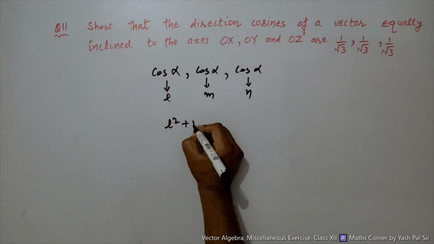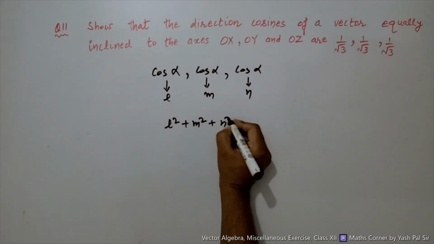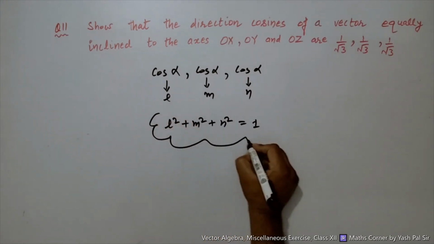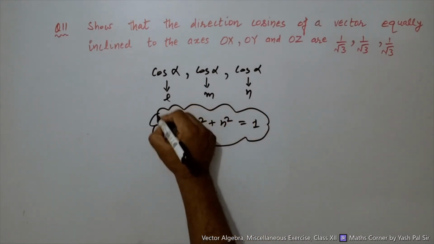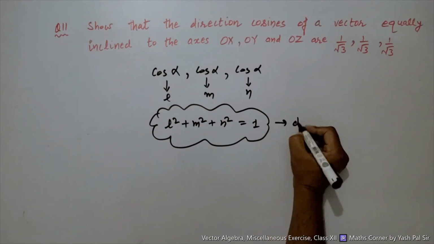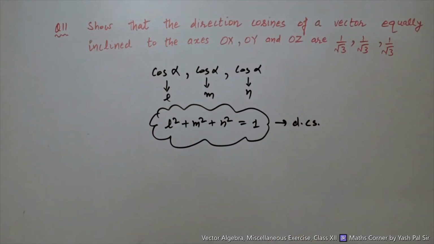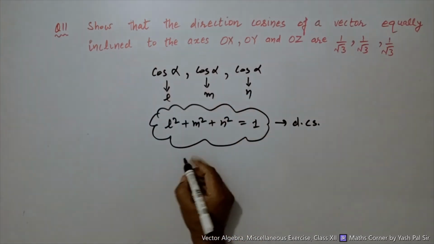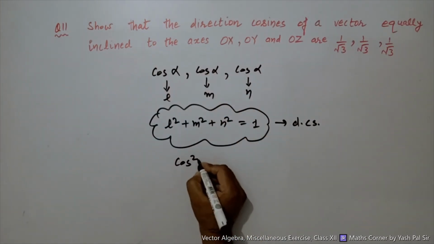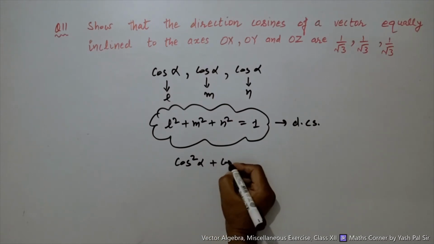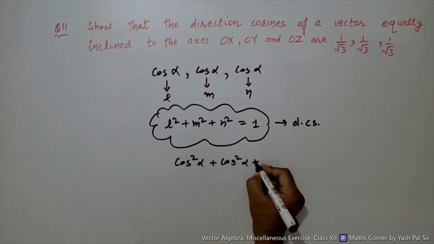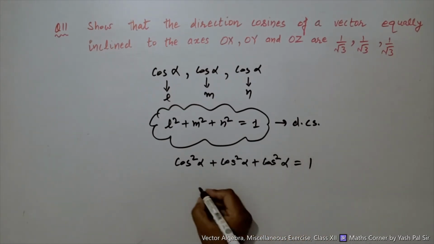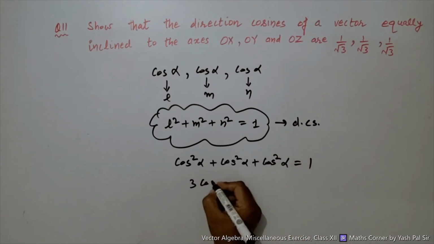Now one condition we know is that L square plus M square plus N square is equal to 1 for the direction cosines. So we apply this condition here. This becomes cos square alpha plus cos square alpha plus cos square alpha equal to 1.